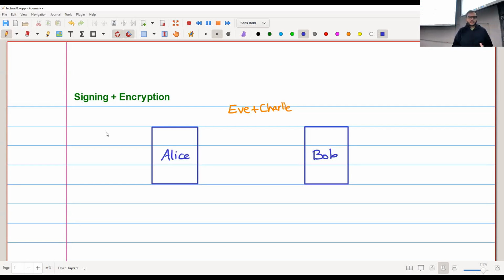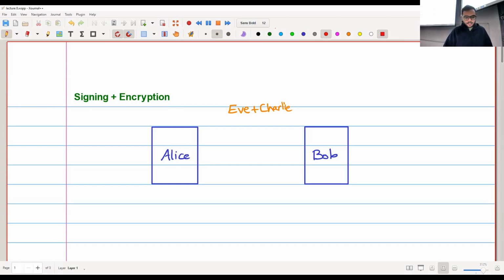So I want to defend against both of these. And we talked about this towards the end of the last session. We said that if Alice wants to send a message to Bob, she first signs the message and then takes the message and the signature and encrypts the entire thing and sends it to Bob. But I just want to be a little bit more specific about how this works.